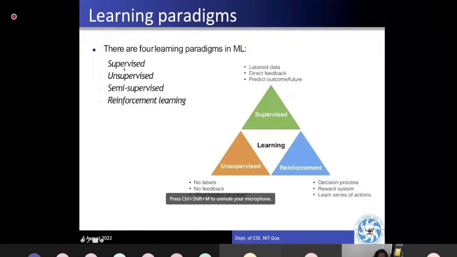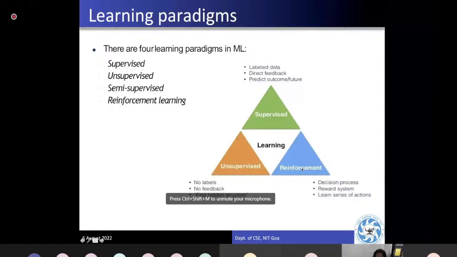Supervised, unsupervised, semi-supervised, and reinforcement learning. We know supervised means the data are labeled, which is not always available. Some data is unsupervised, like social media data, which is not much labeled. Reinforcement learning is a beautiful technique, I believe.